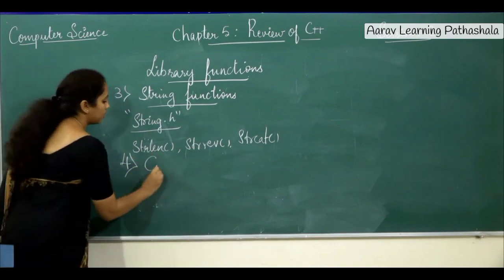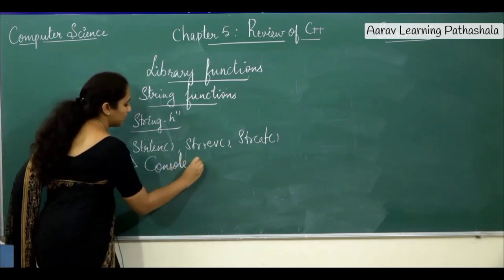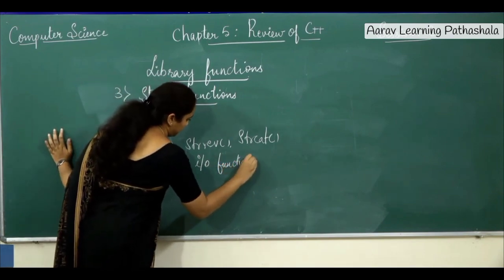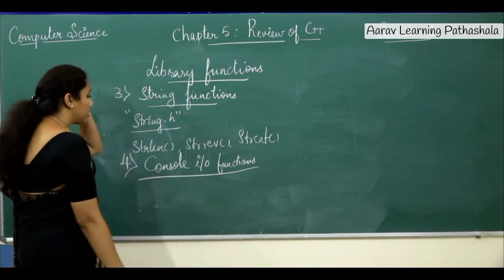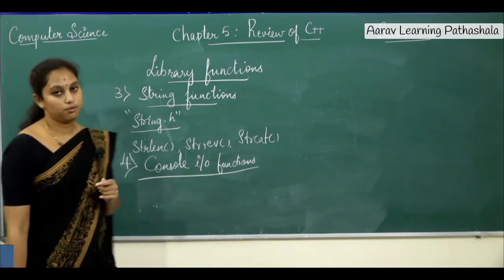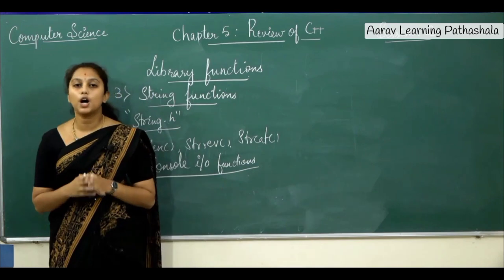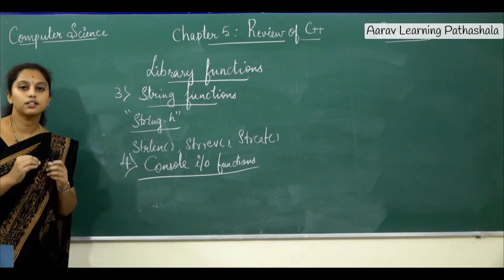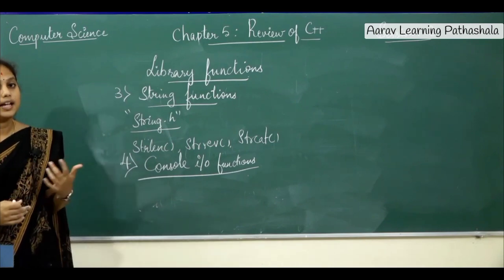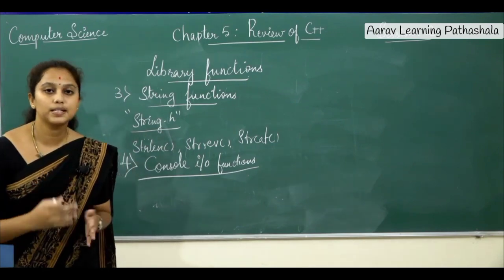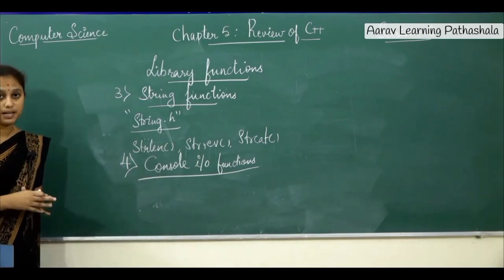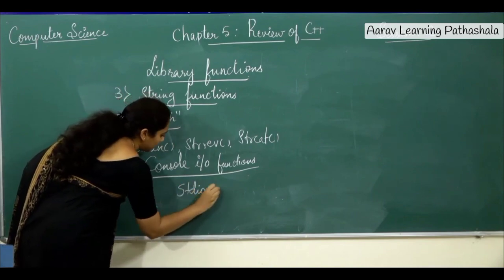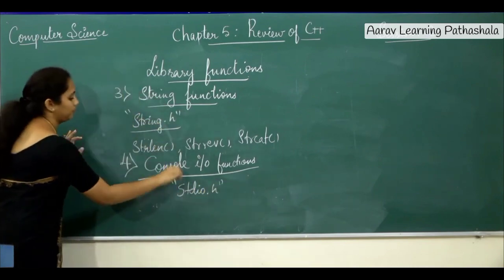The last type is console input and output functions. What are console input and output functions? They are used to accept input from the standard input device, compute, and send the result to the standard output device for display. Here we are going to use the stdio.h header file.